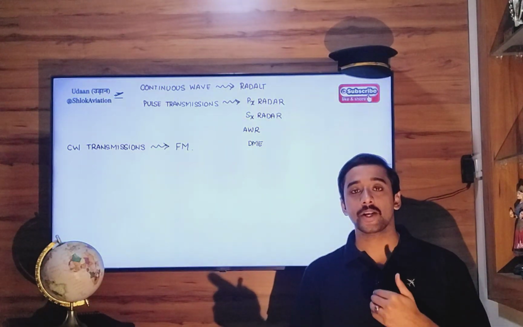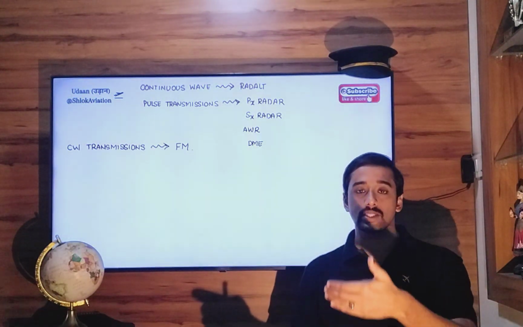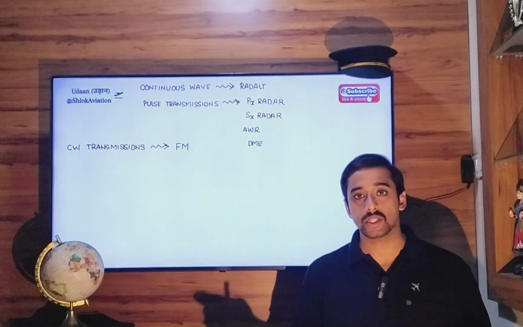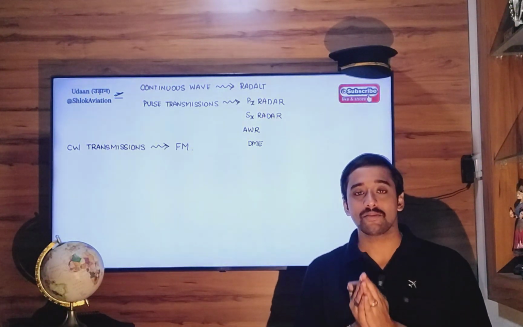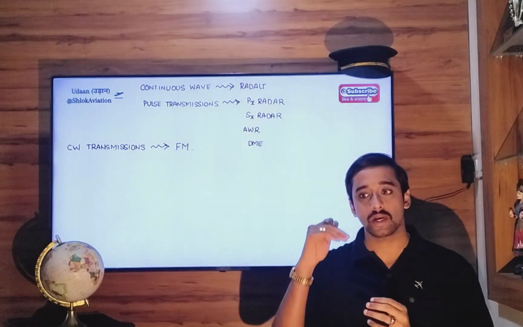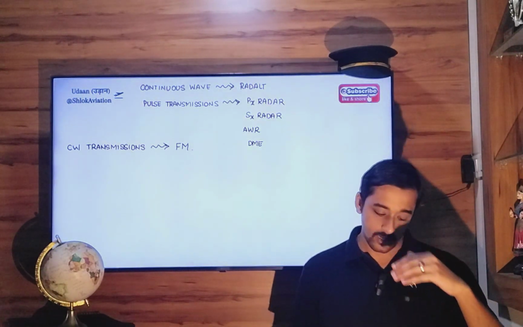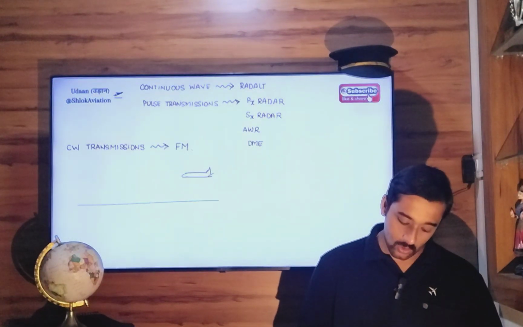That means the wave that you are going to transmit will be at a certain frequency. When it goes to the target and gets reflected, the frequency will shift or change. And this change in frequency is compared to determine the distance between the transmitter and the target. In case of radio altimeter, what happens? You're going to transmit the radio wave towards the ground.